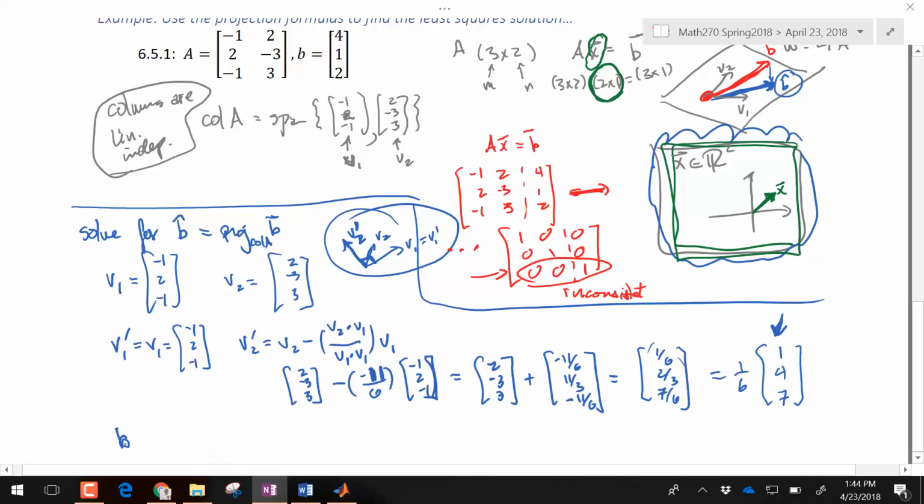So the projection of b onto column A, that's the b hat that we're looking for, is going to be b dot v2 prime divided by v2 prime dot v2 prime times v2 prime.